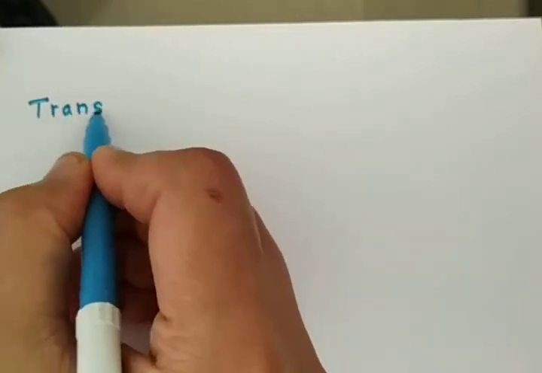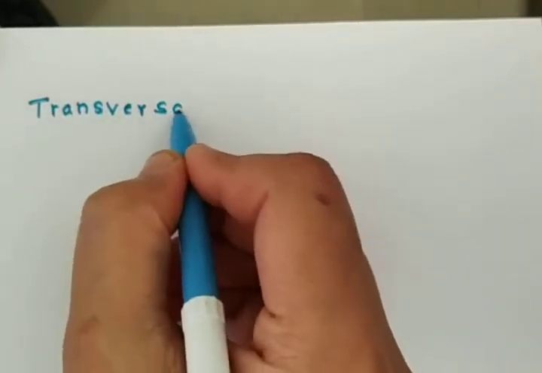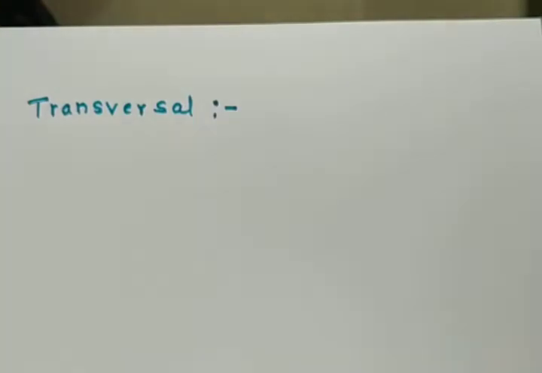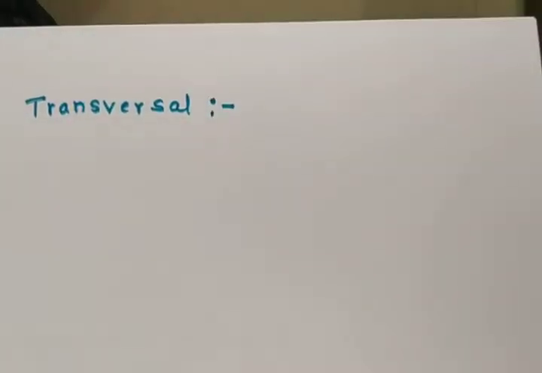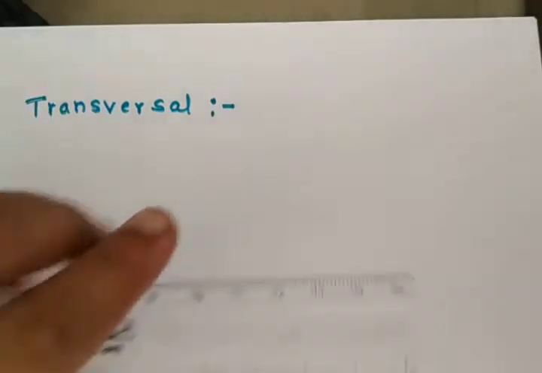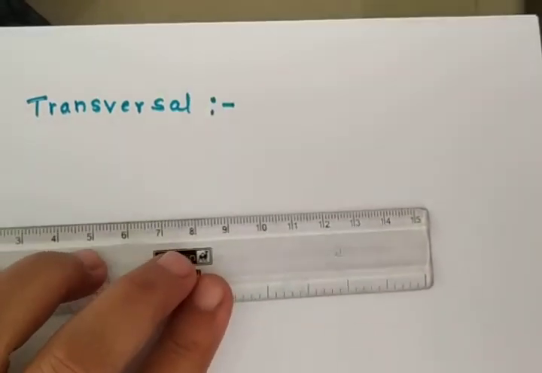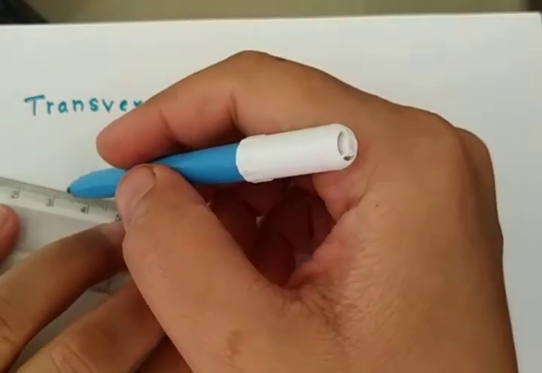Today we are going to see our next topic, a new topic, that is transversal. So what do you mean by transversal? We'll see here. I'll draw any two lines over here.